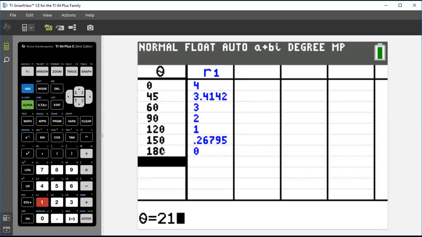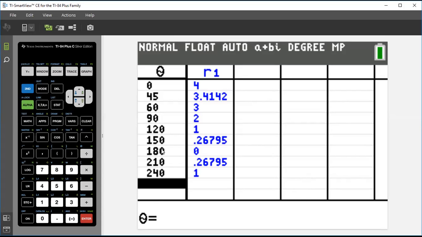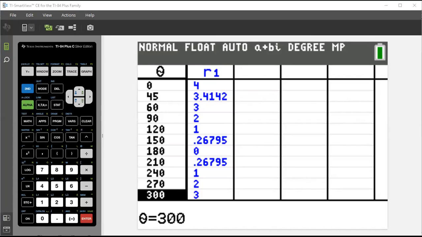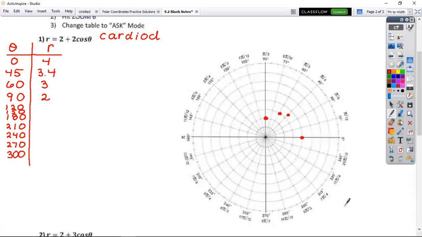Next, 210. Next, I did 240. I did 270. And 300. Again, if you want more, get more. And then you're going to look at your calculator and you are going to create this image. See how artistic you all are.